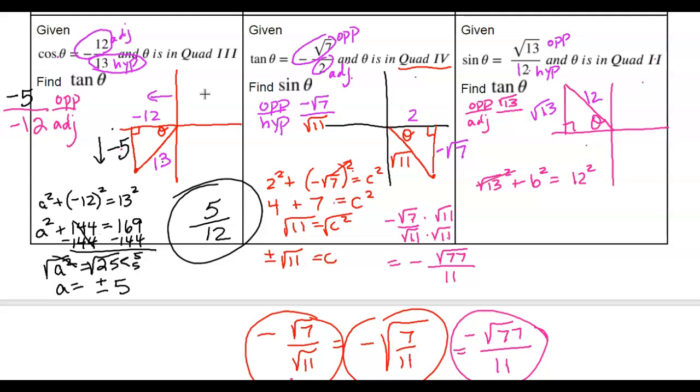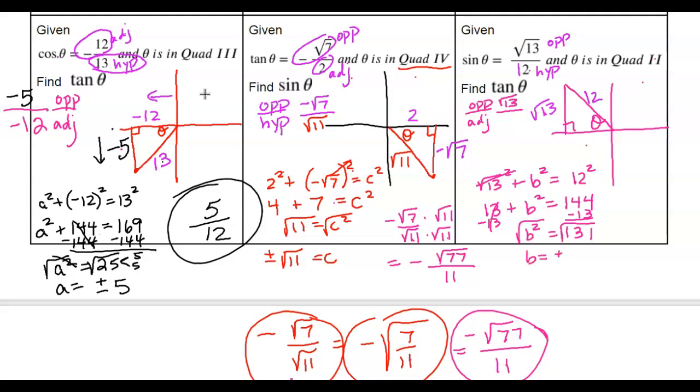Well, root 13 squared is 13. You can use a calculator to do that. 12 squared is 144. So if I subtract 13, I get 131 equals b squared. And then we'll take the square root.